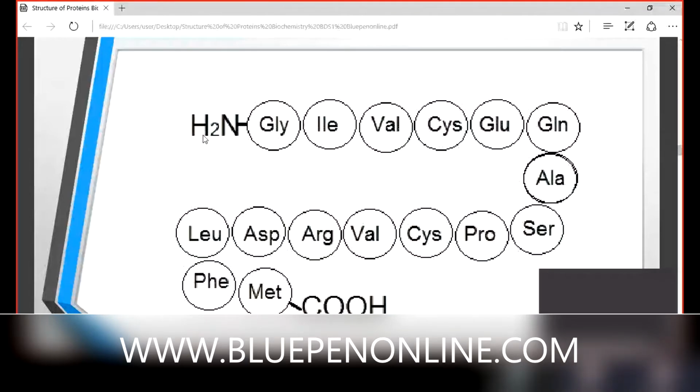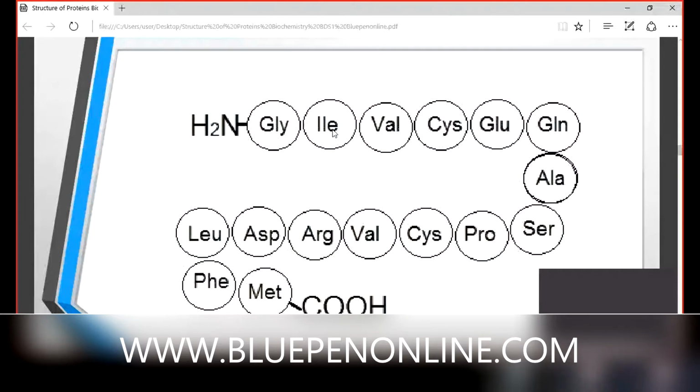These amino acids are linked together through peptide bonds. In the first amino acid, this amino group is free, and the COOH group is involved in peptide bond formation. Glycine's COOH group is involved in peptide bond formation with the amino group of isoleucine.